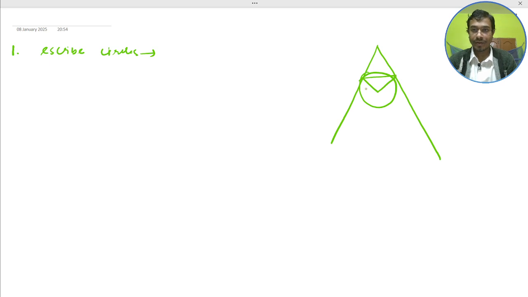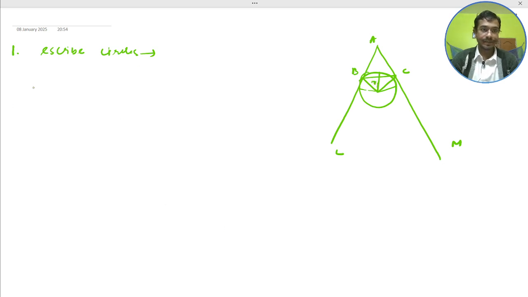Here this is A and B, C. This is suppose LM. So a circle touching BC and the two sides AB and AC produced of a triangle ABC. Its radius is r1.